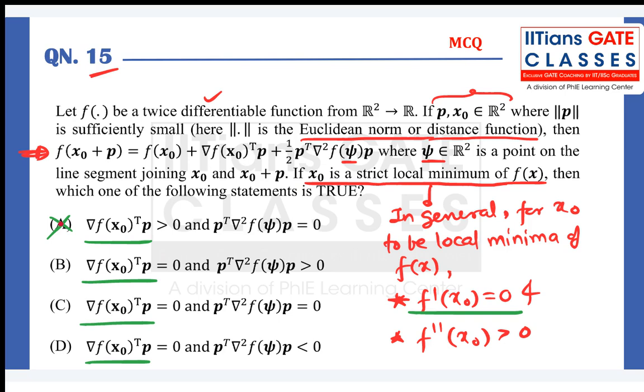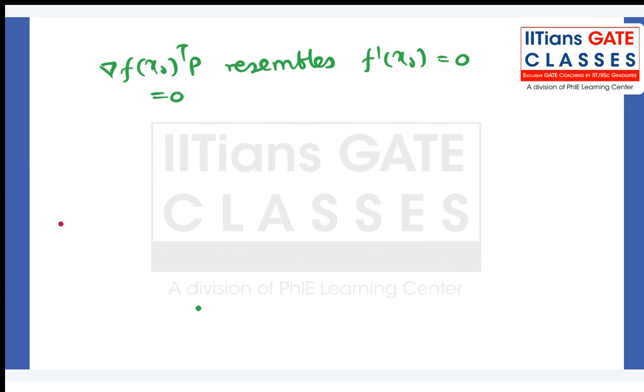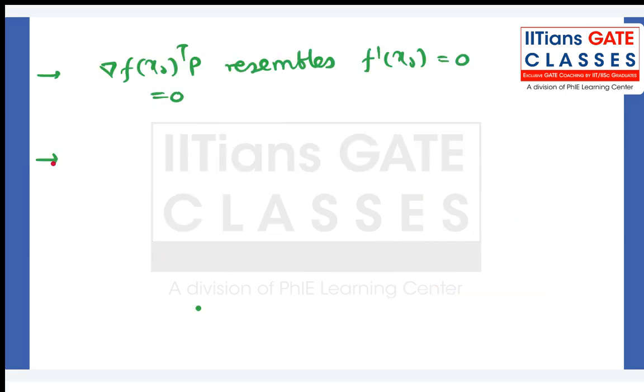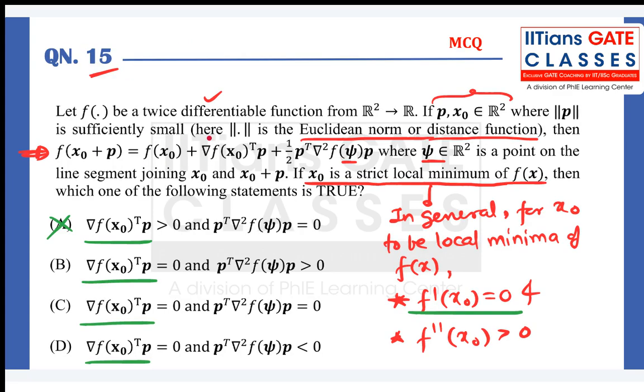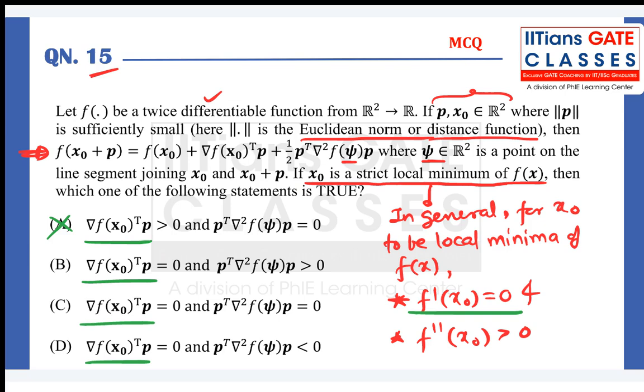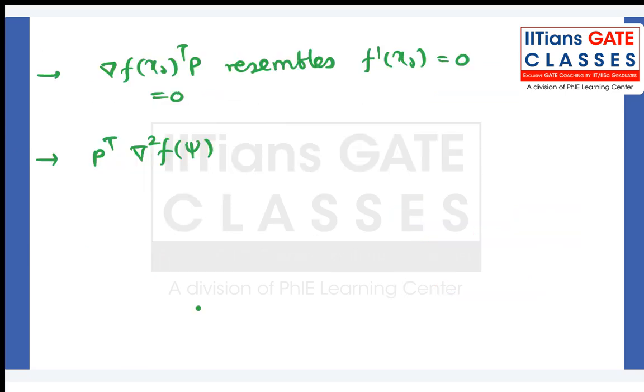And if you look at the second dangerous-looking term, which is p transpose, this is called the Hessian of your function. It's not x naught here, they are calling it psi here. Times p, it should be greater than 0, right?